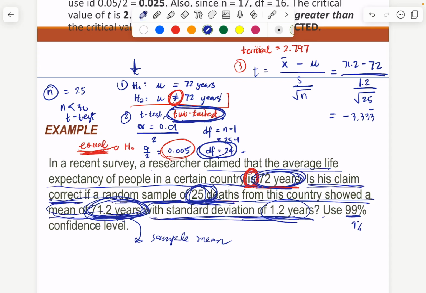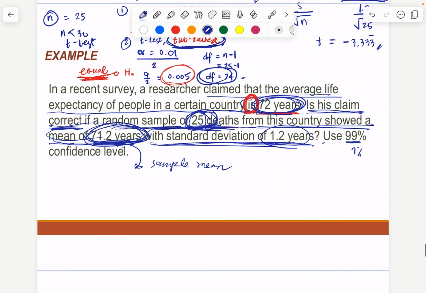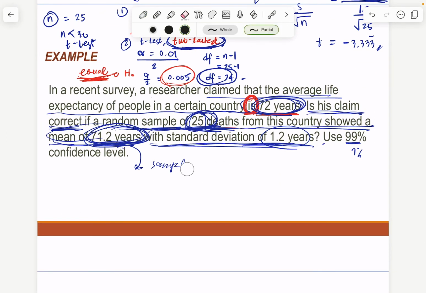Now we can decide, because we have both the t critical and the t value. So that will be your step number 4. What do we write first? We write the t computed, which is positive 3.333. Why?